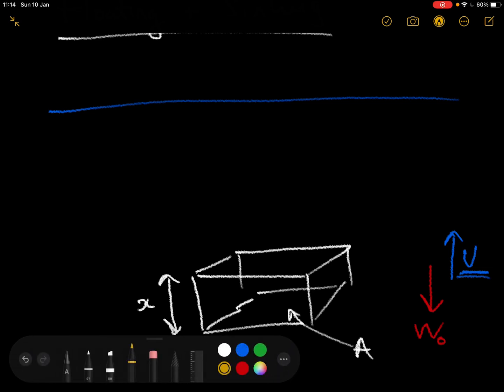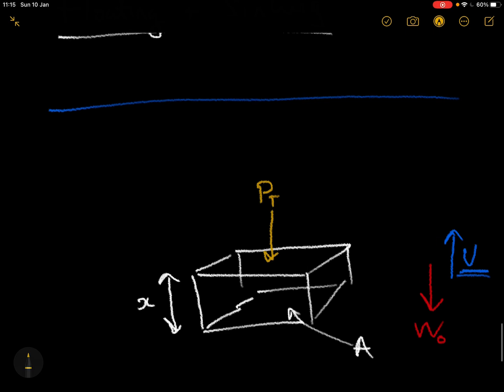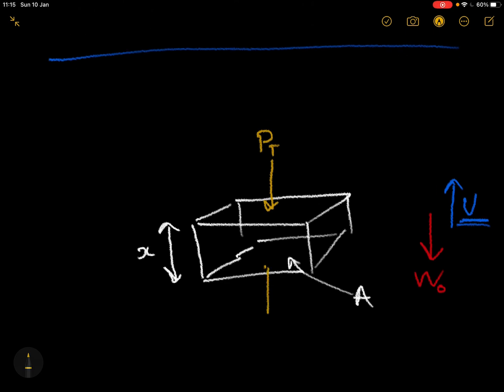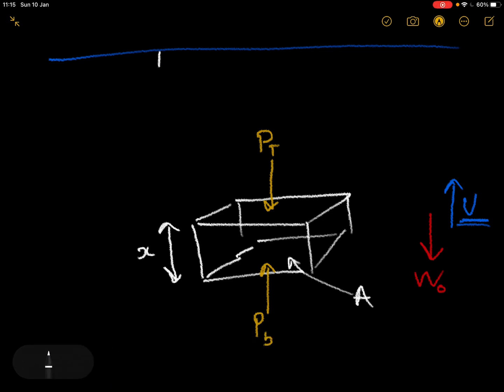Well, what we need to do is to think about the pressure at the top of this box counterbalanced against the pressure at the bottom of this box, because this is a set thing.